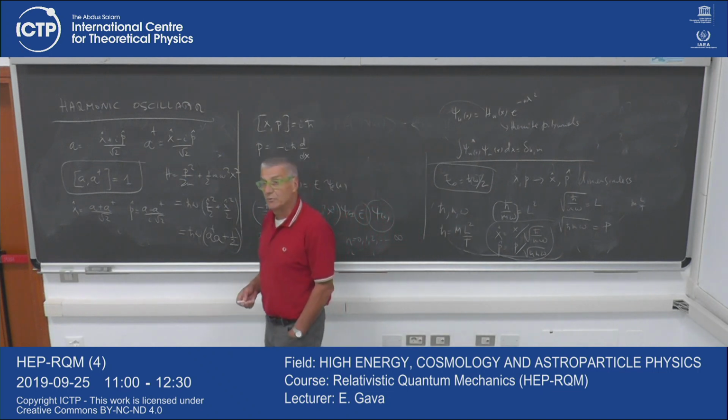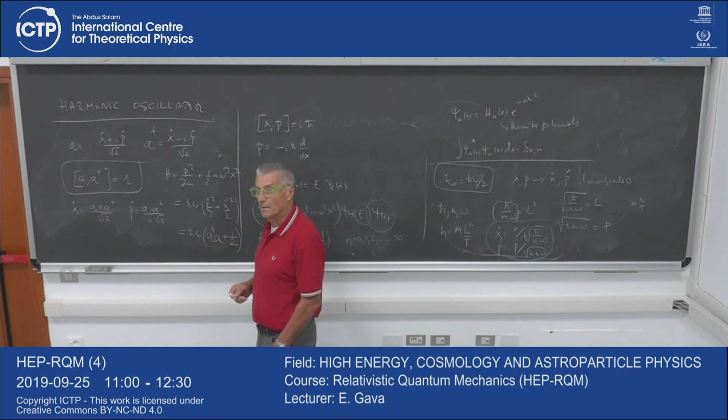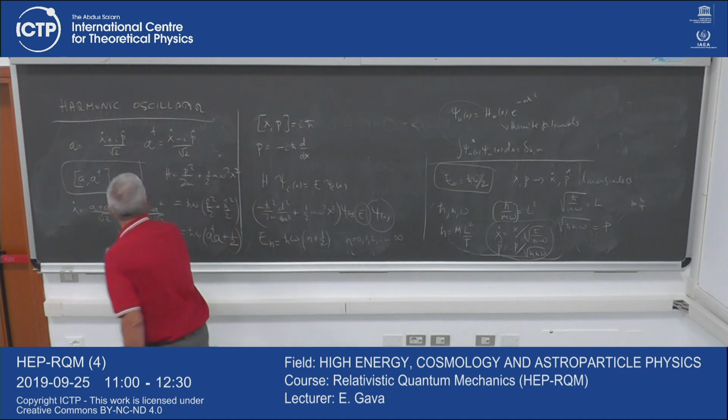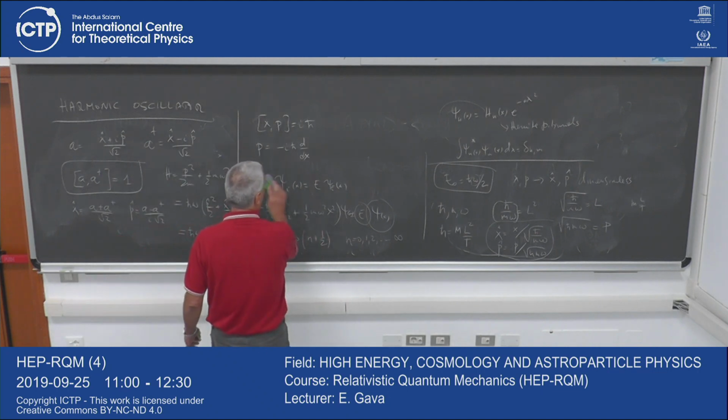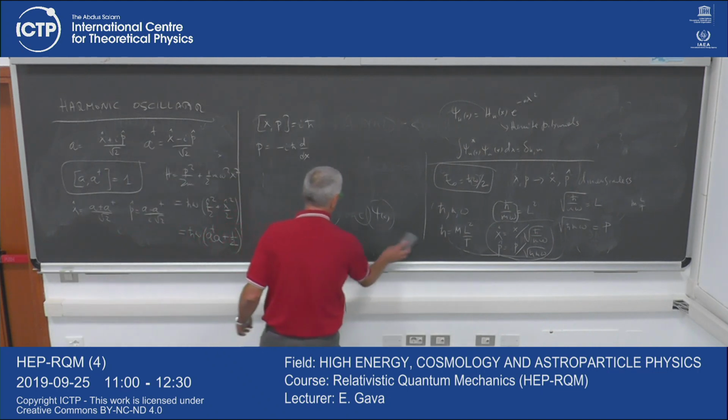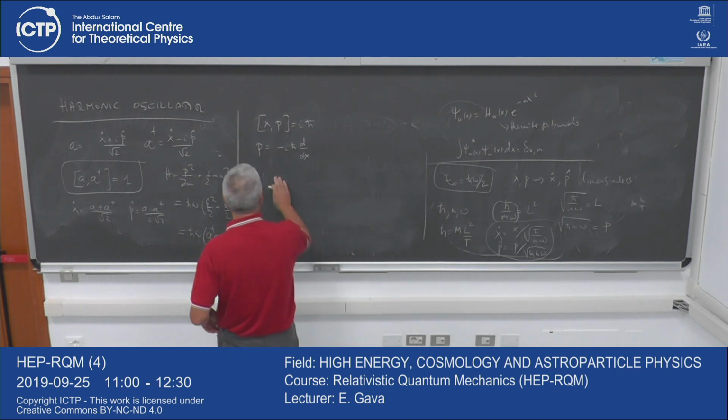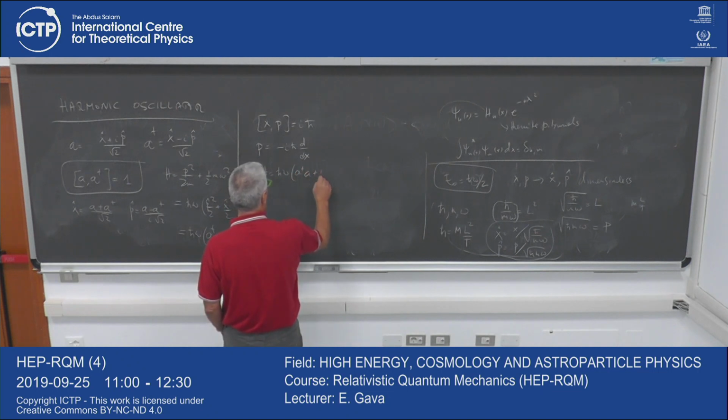The only thing we have to figure out is what are the eigenvalues of this Hamiltonian. So let me rewrite it here. H is h bar omega times a dagger a plus one half.